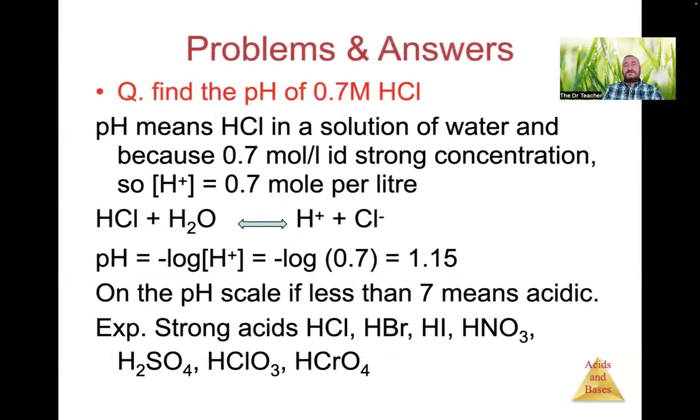Now problems and answers. Good. So find the pH of 0.7 molar HCl.